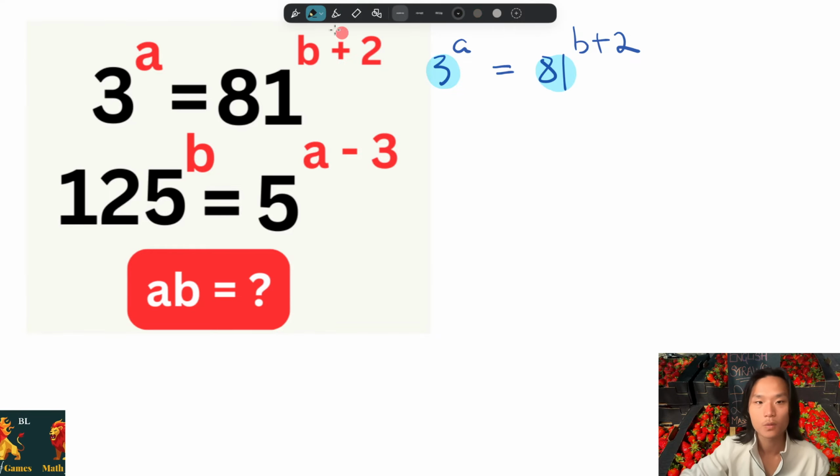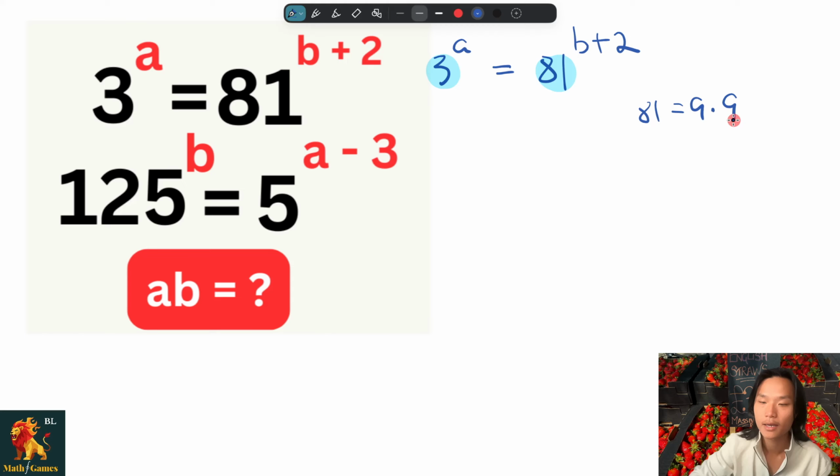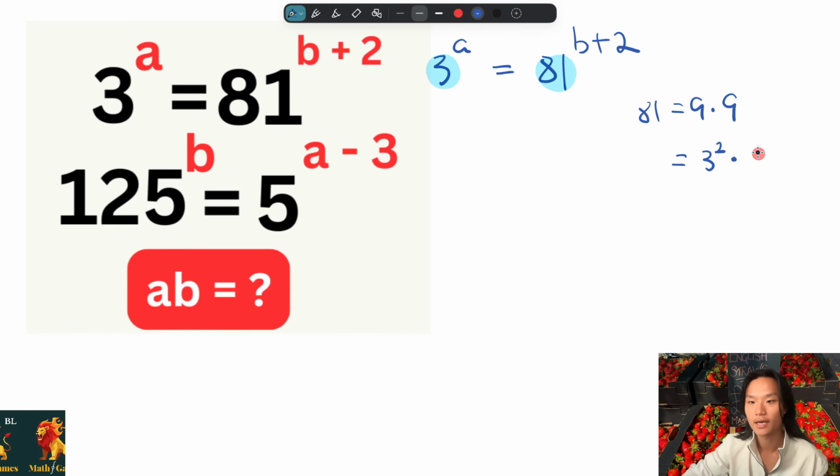We know that 81 can be written as 9 times 9, and each 9 can be written as 3 squared. So here we have 3 squared multiplied by 3 squared, and we can add up the powers, and that gives us 3 raised to the power of 4.